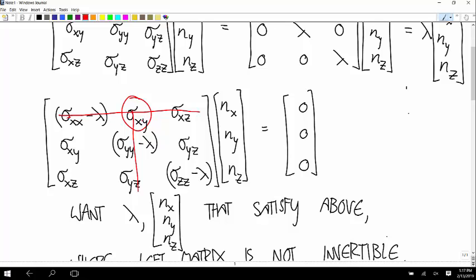The row and column associated with that element.